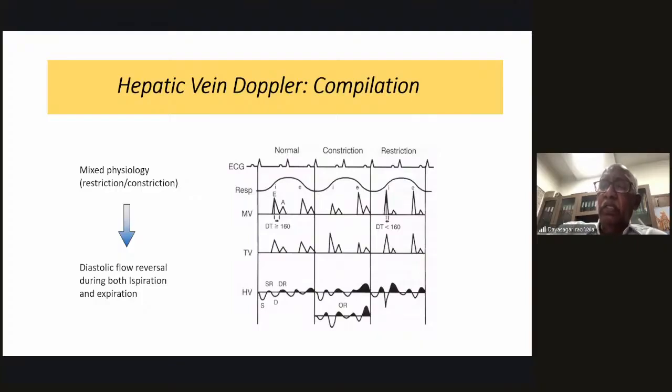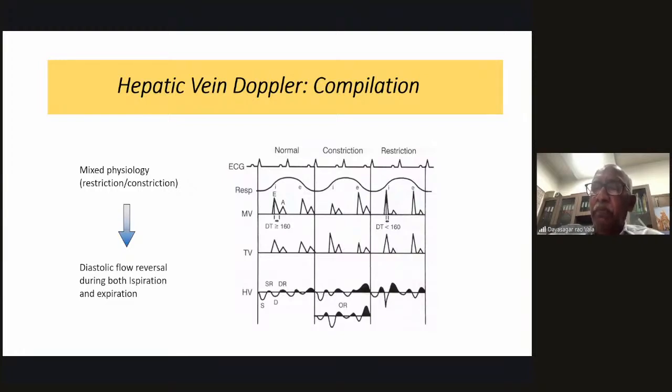If you see the tracings, the top one is ECG, the second one is the inspiration and expiration, the third graph is the mitral valve flow, the fourth one is the tricuspid valve flow, and the fifth one is the flow in the hepatic veins. Just concentrate on the hepatic veins, because I've already alluded to what happens to the flow velocities across mitral and tricuspid in constriction in both phases of respiration, inspiration and expiration.